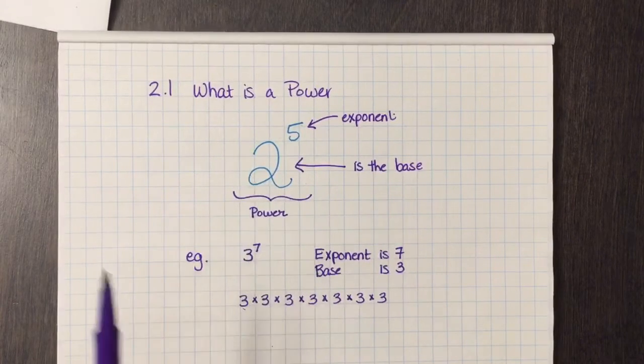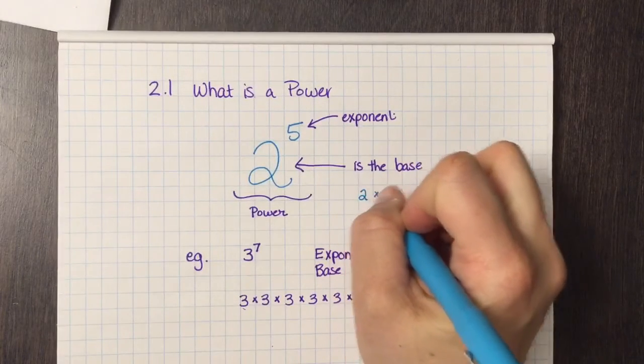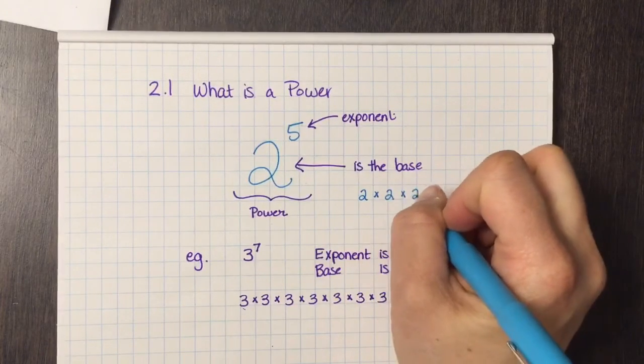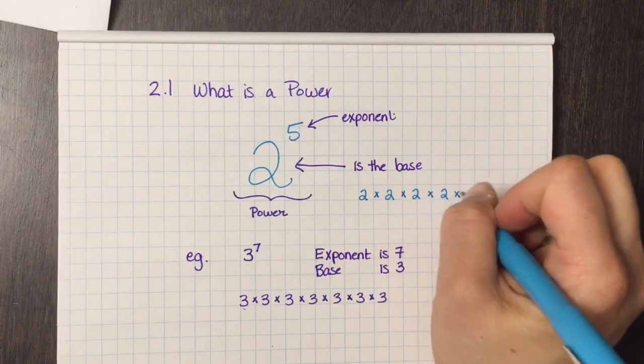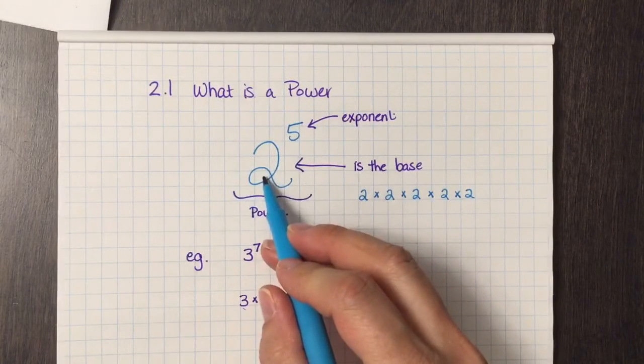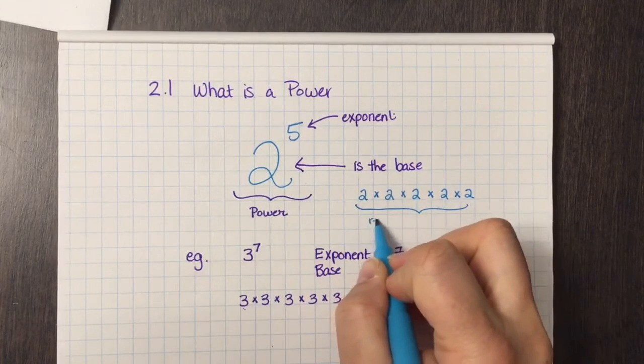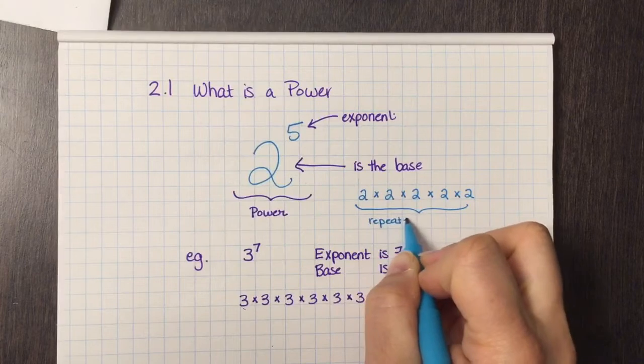Whereas here, let me change my pen, we're saying 2 times 2 times 2 times 2 times 2. We're saying that we have 5 factors of 2. When we write it out like this, it is called repeated multiplication.